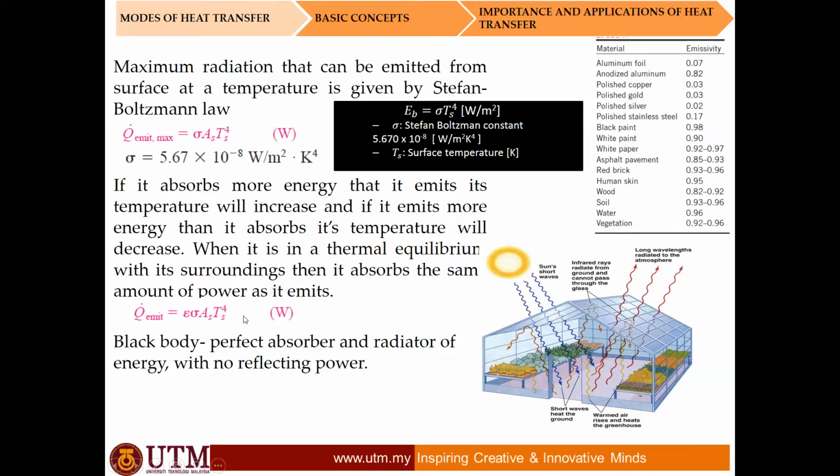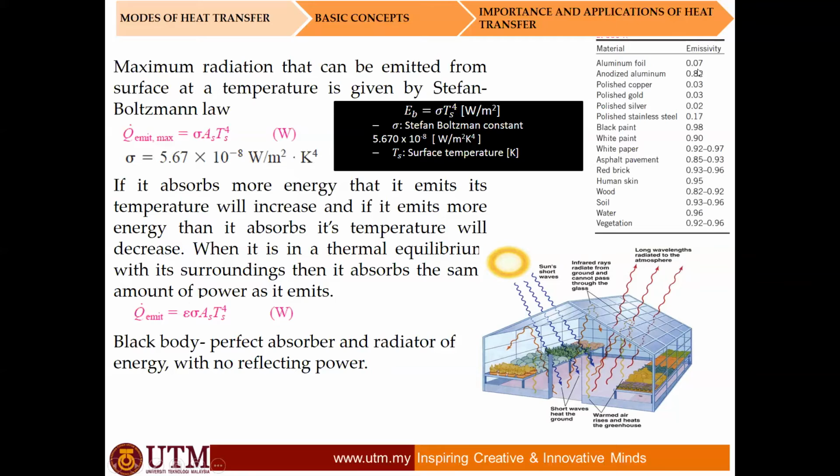If you consider the material in which the heat transfer by radiation occurs, we have this small e, which is emissivity. If you have emissivity close to 1, you will have a high amount of absorption of radiation.